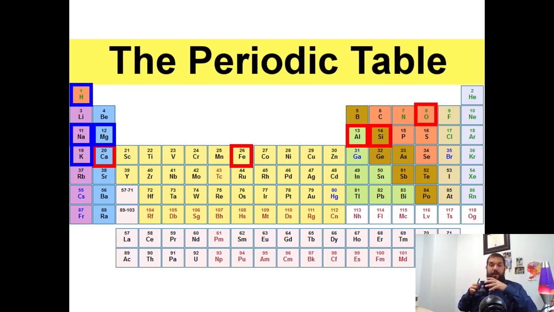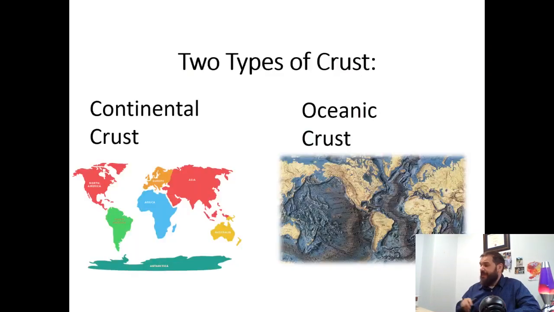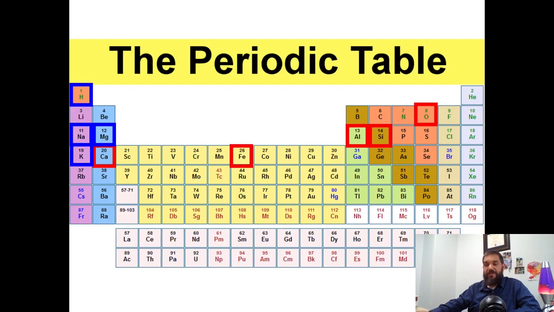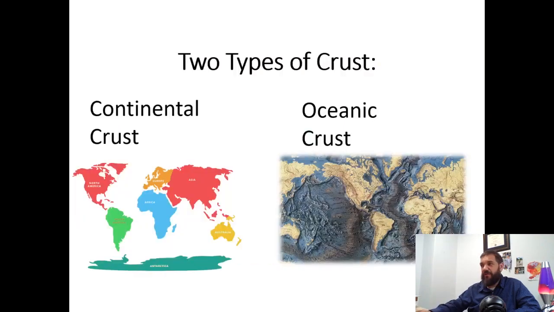So even though there are 92 naturally occurring elements in the periodic table, 99% of the crust is just 9 or 10 elements. Most elements of the periodic table are present in the crust, but in very, very small amounts. So the crust is a majority just those 9 that are shown in front of you.